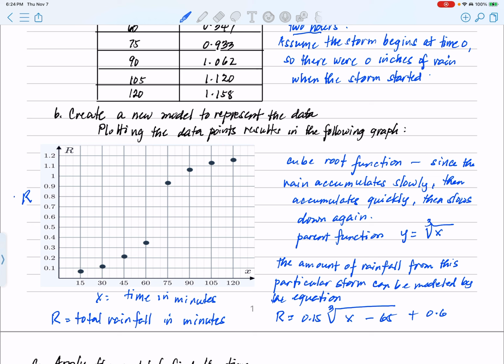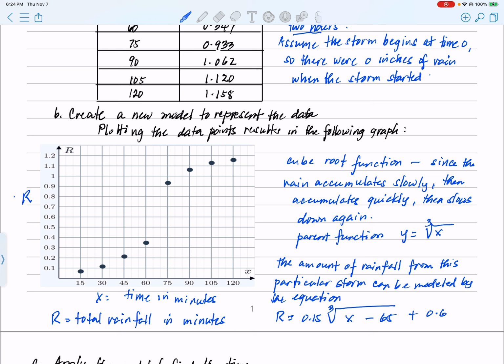Instead, we begin by plotting the data on the coordinate plane and use the graph to help us create an equation. For example, the data has already been plotted here in this graph. We have these points right here.